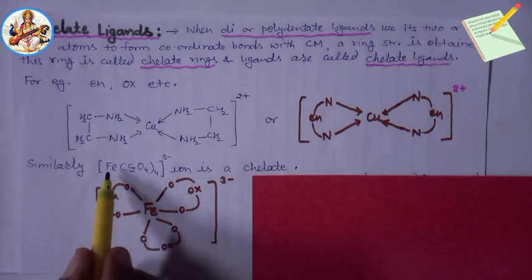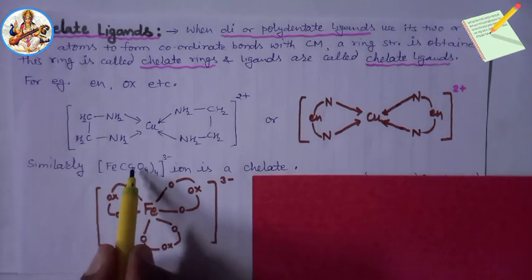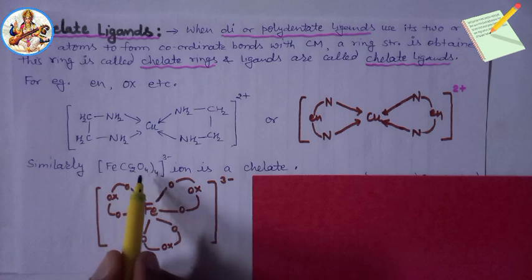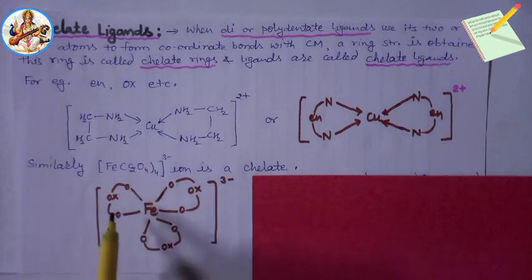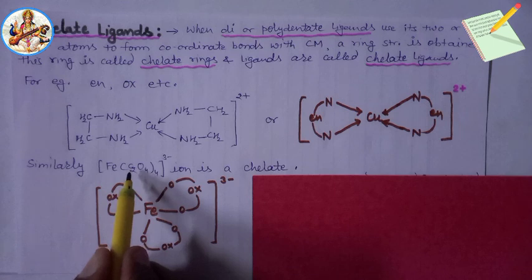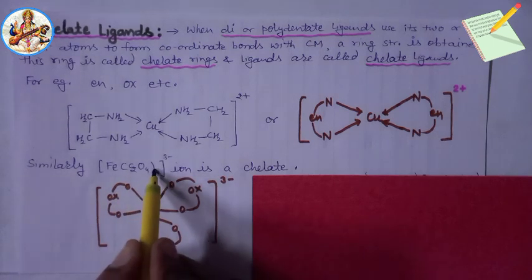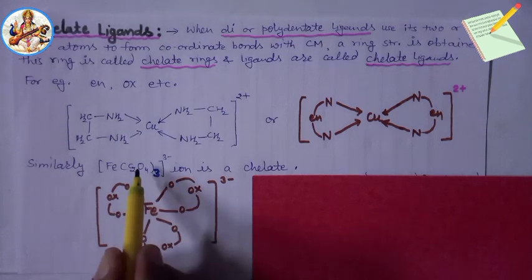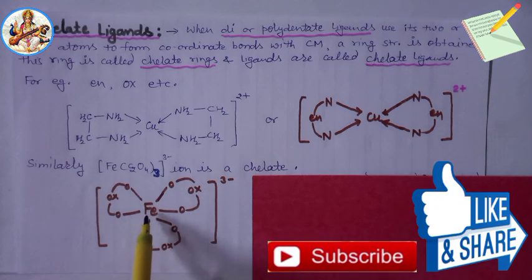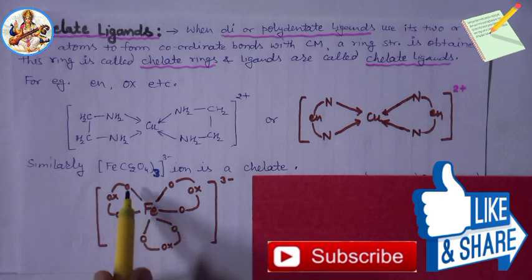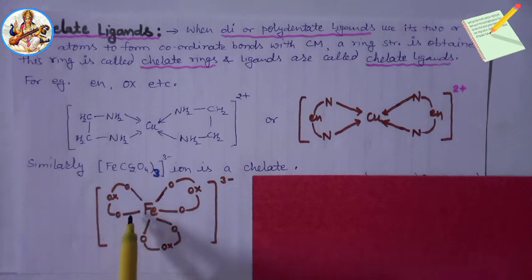Similarly, the Fe(C2O4)3 3 minus ion, with oxalato, is a chelate. In this complex ion, three oxalato ligands are attached with the central metal by two dative bonds in each oxalato.